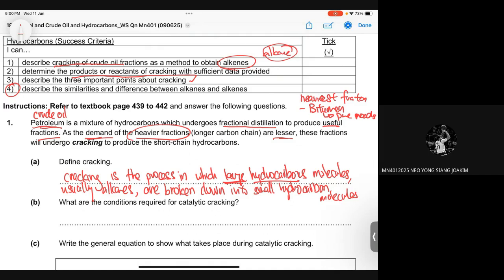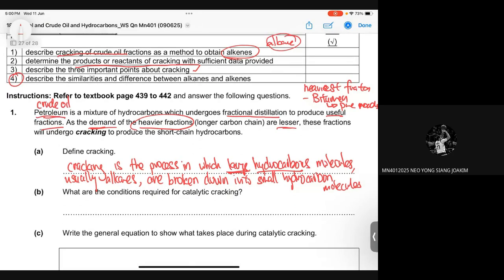Okay? So cracking is actually a very, very useful process because it helps to produce the shorter chain hydrocarbons, which are usually also more useful.